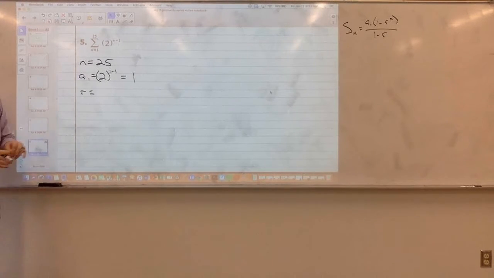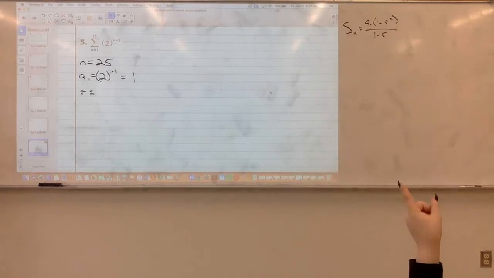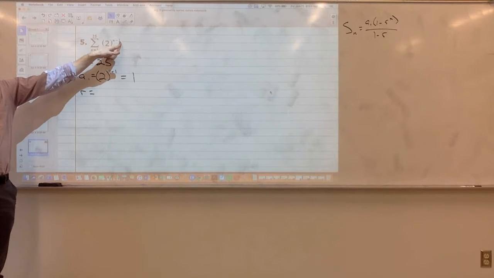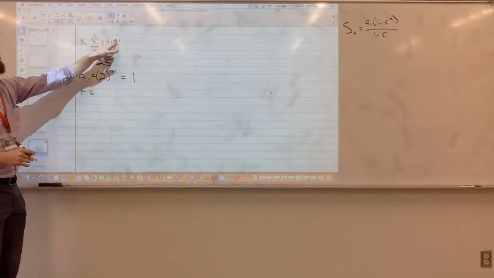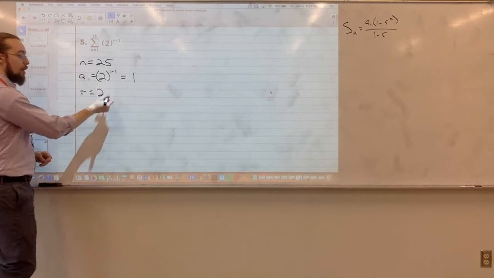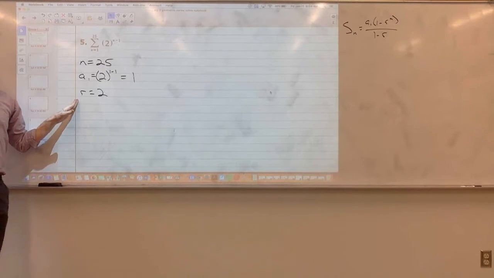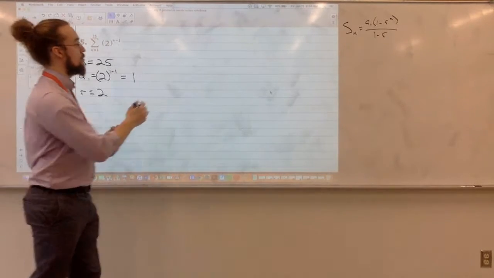It's not 2. Who said 2? How'd you get 2? Yeah, the common ratio is just the number that's being raised to a power. Okay? The common ratio is just the number being raised to the power. Right. So now we've collected those same 3 pieces of information, just in a different way.